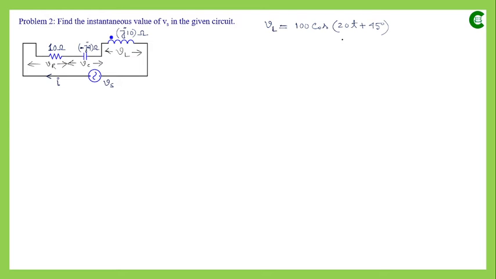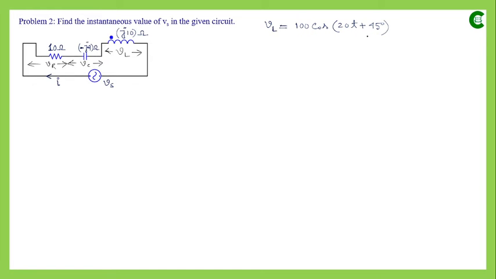Now why is it different? First of all, the expression of the instantaneous voltage drop across the inductor is not given in the form of sinusoidal, rather it is given in the form of cosinusoidal. And we know in case of a pure inductor, the voltage drop across the inductor leads the current that flows through that inductor by 90 degree. But here that phase angle is given as 45 degree.